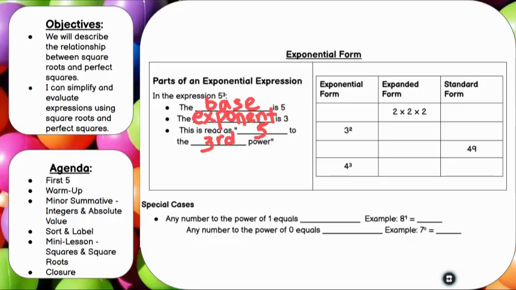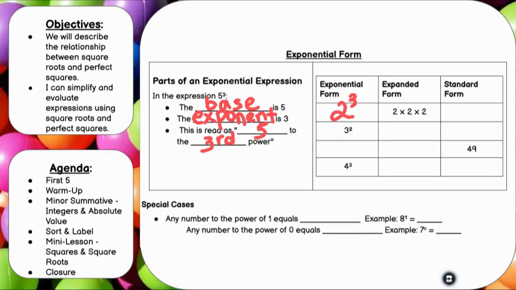Okay, so if we look at that first one, 2 times 2 times 2, we know that 2 is the base, and we're multiplying that 2 3 times. So that means our exponent would be 3. And we would read that as 2 to the third power, or 2 to the power of 3.